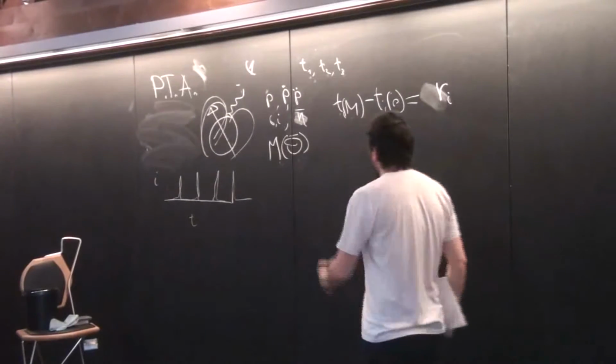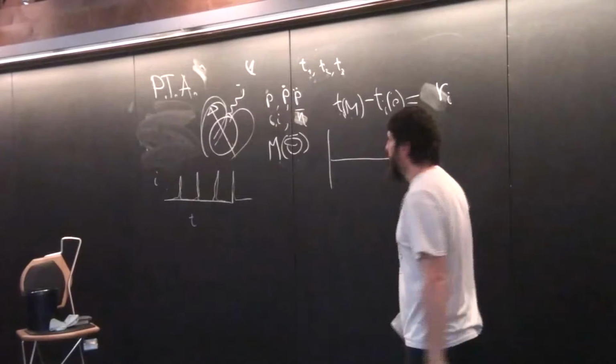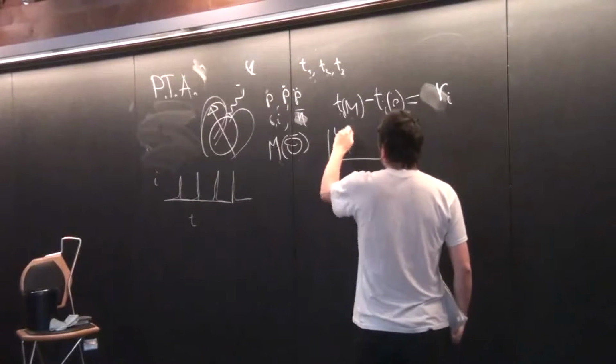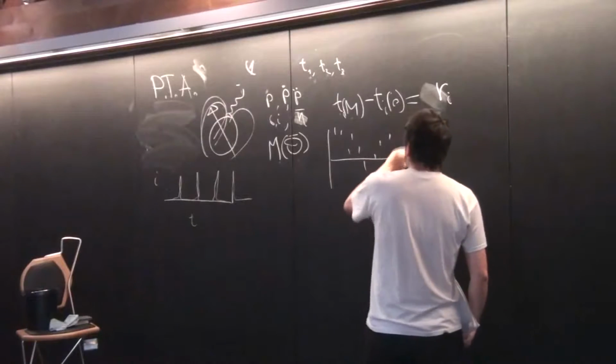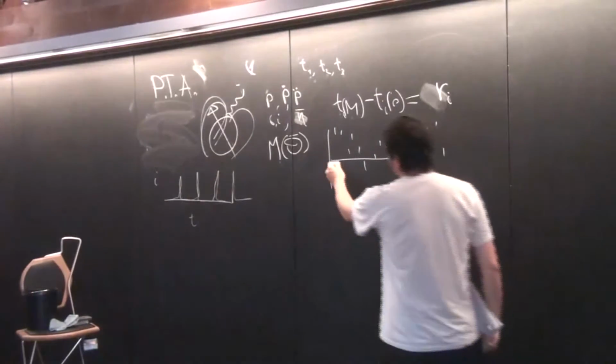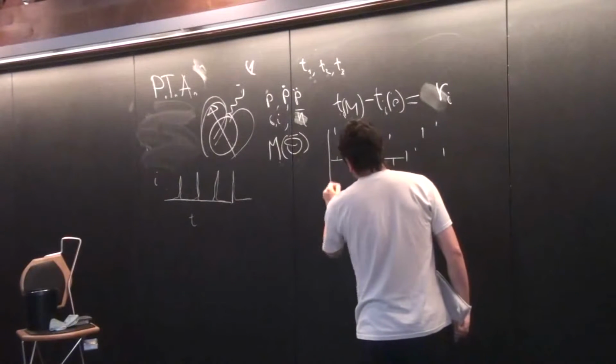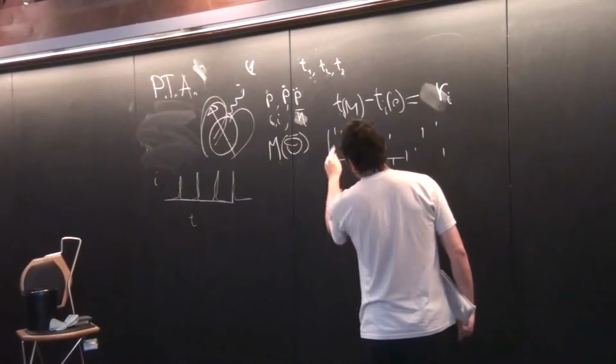So if now I plot my residuals as a function of time, I'm going to have something. Each point here is basically, so this is time. This is the first observation, here is the second observation.